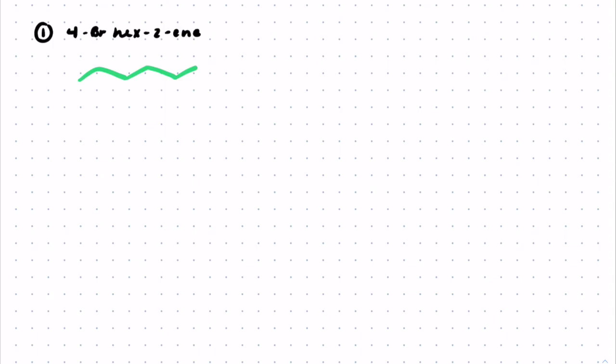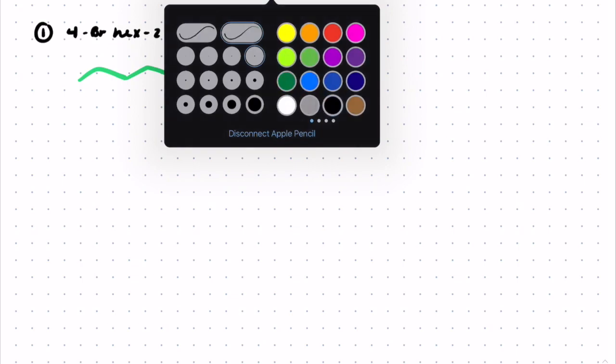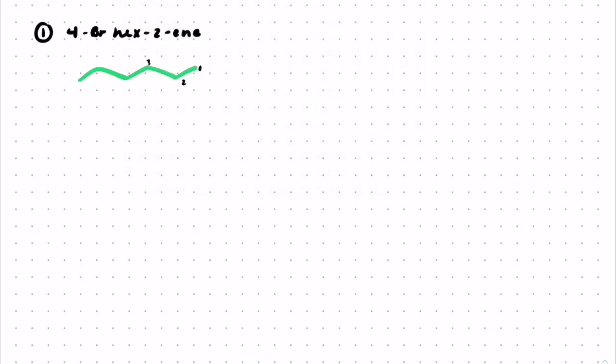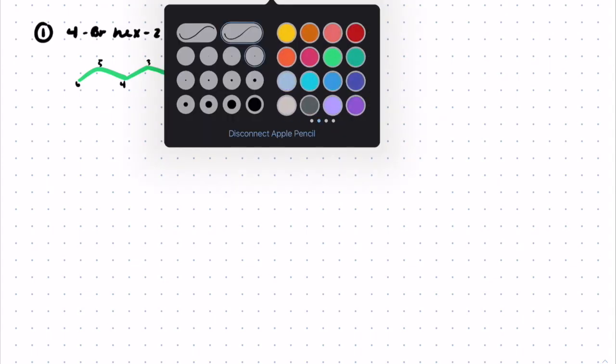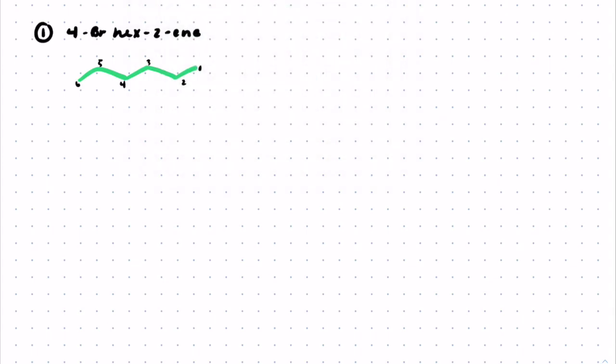It looks like on the second carbon, we have an alkene. So let's number these guys. 1, 2, 3, 4, 5, 6. From the second to the third, we will have an alkene, which will be here. And then on the fourth carbon, we will have a bromine. So our fourth carbon will have a bromine.